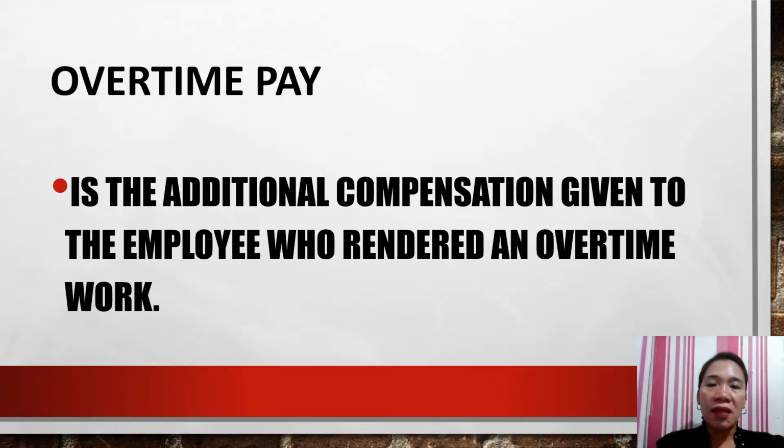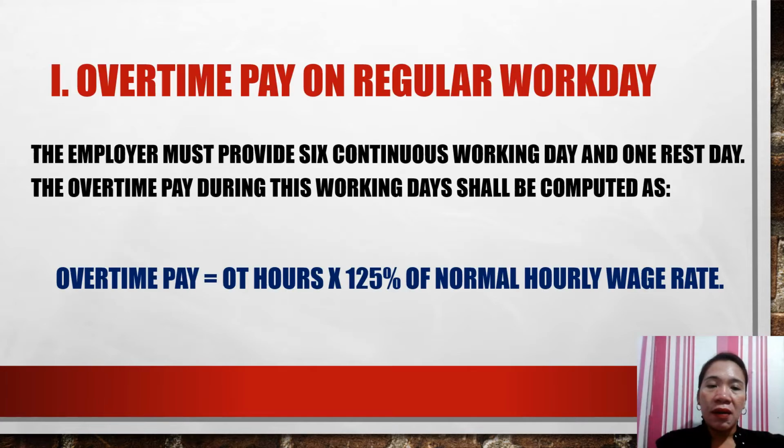Overtime pay is the additional compensation given to the employee who rendered overtime work. The following are the different kinds of overtime work and ways to compute their payment. Number one, overtime pay on a regular work day. The employer must provide 6 continuous working days and 1 rest day.